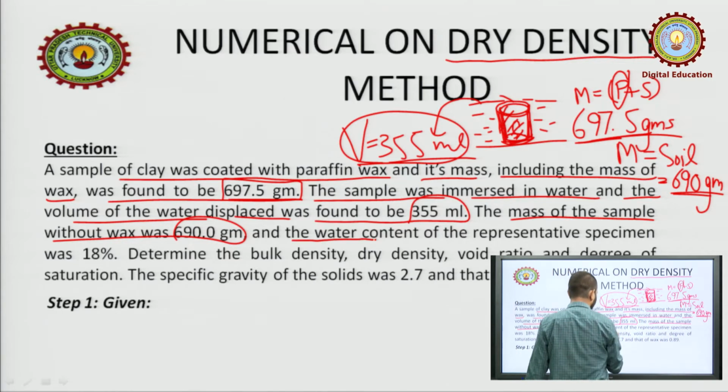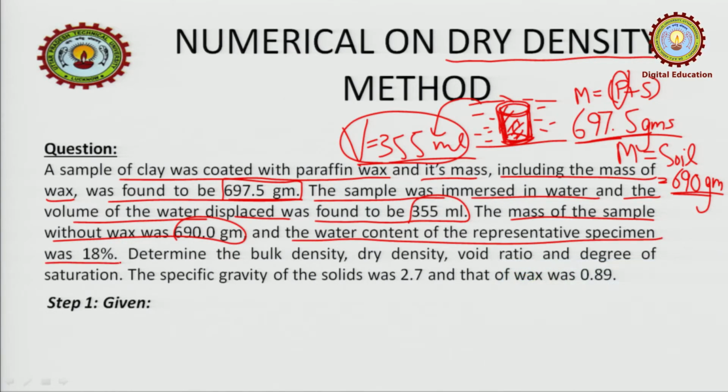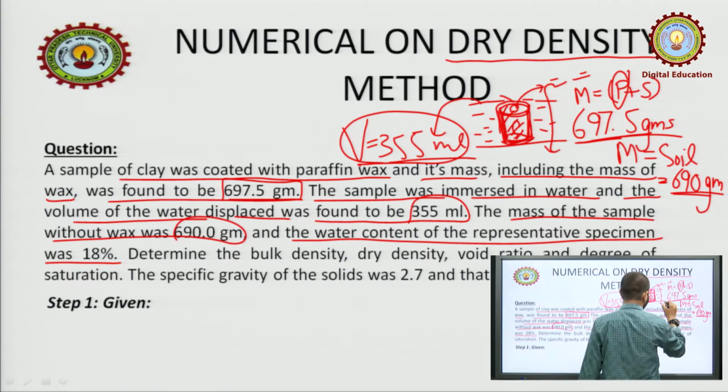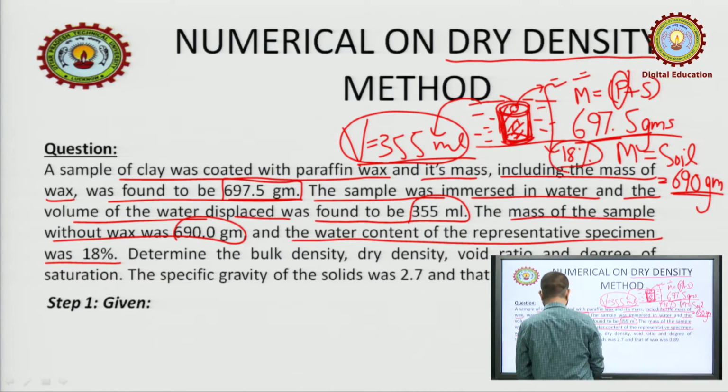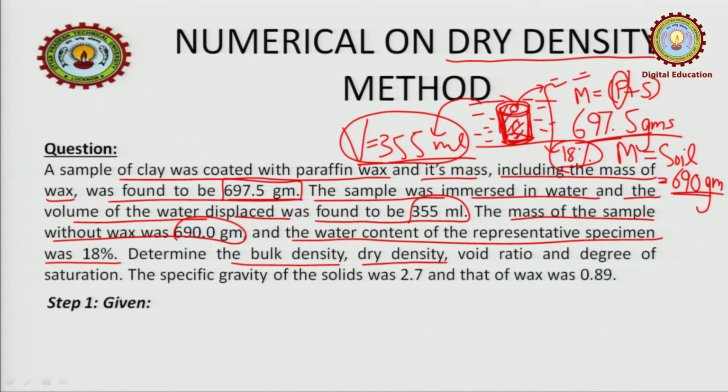Now the water content of the representative specimen was 18%, meaning some part of this soil was taken and the oven drying method or some other method was used to find its water content, which came out to be 18%. Determine the bulk density, dry density, void ratio, degree of saturation.